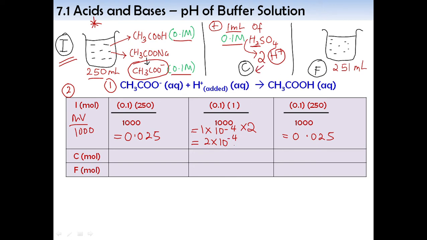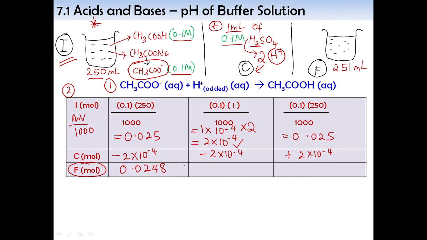We're going to use this value for C. Jadi again reactant minus 2 times 10 to the power of negative 4. Ini pun minus juga. For CH3COOH is a product, so plus 2 times 10 to the power of negative 4. So, tolong semua orang kira sampai you dapat final mol. You dapat berapa dekat sini? So, supposedly you akan dapat 0.0248.